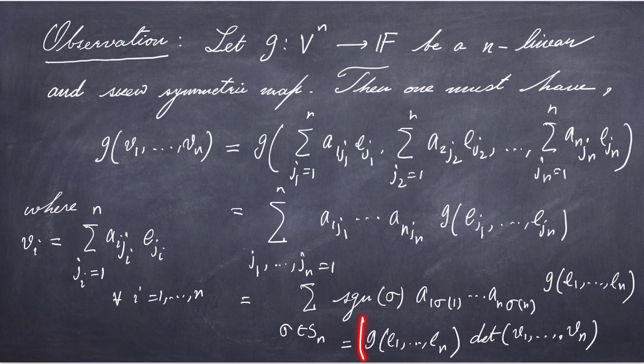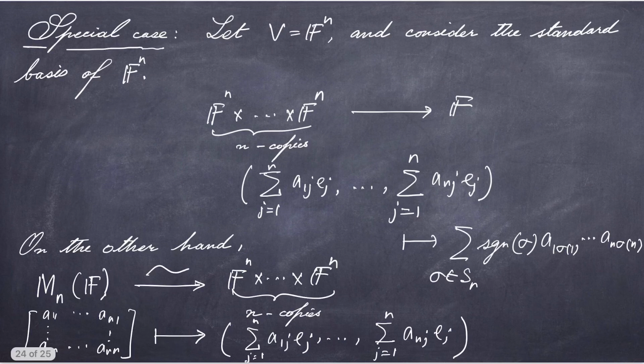And the scalar is nothing but the value of the map at the point u1 to un. This observation will be used later on, maybe in the next lecture.